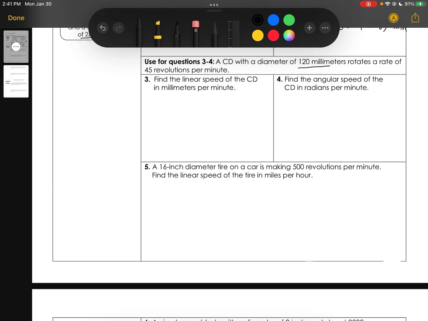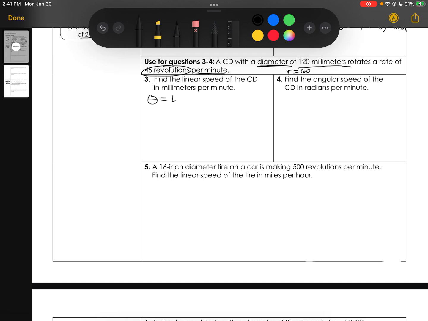For the second one, we're going to see a very similar situation with our CD. We have 120 millimeters as our diameter, so be careful there. If the diameter is 120, half of that is the radius, so a radius of 60. It rotates at a rate of 45 revolutions per minute.